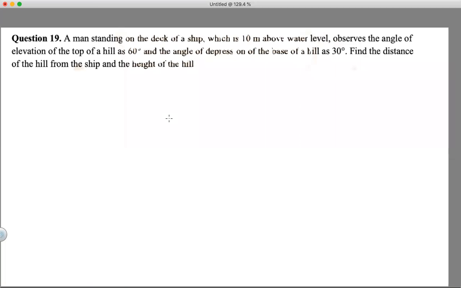A man standing on the deck of a ship... Sir, there is a student, I hope you can see, after Tinku Sharma, who has not entered the name.